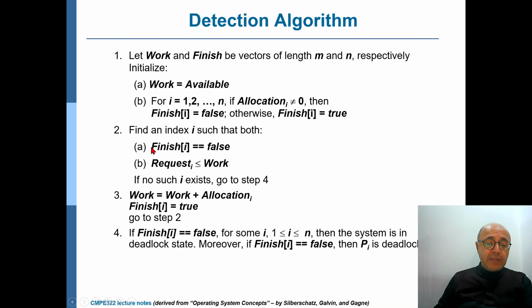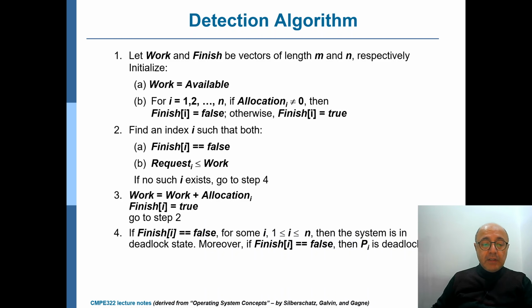If there's such a process, again similar to the banker's algorithm, you add the set of resources allocated to that process to the work vector, which was containing the list of available resources, and set that process's finish to true because that process can be completed.